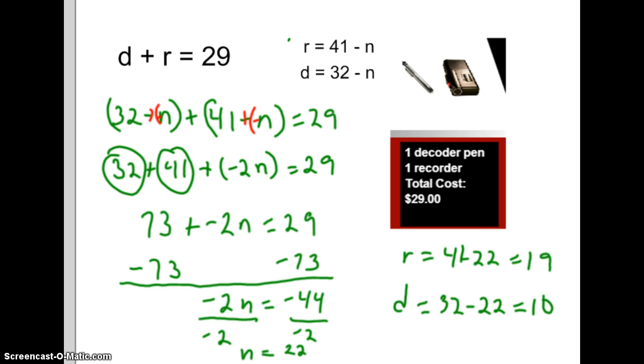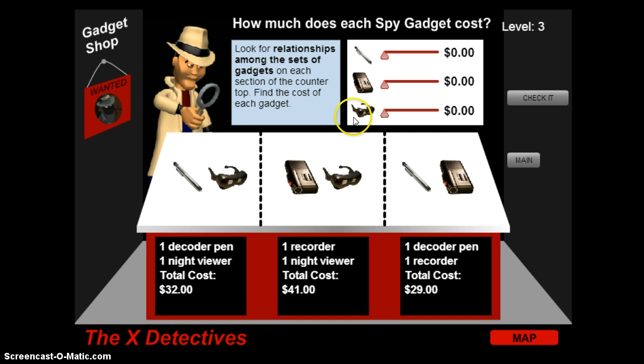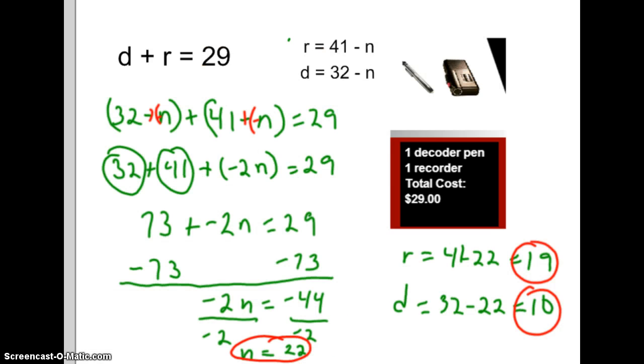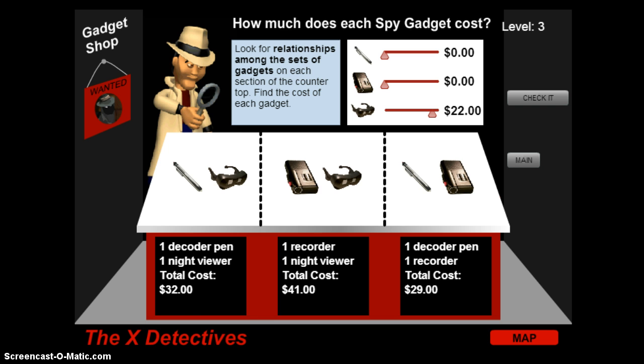So based on these numbers here, we're going to take 22 for N, and N was the night viewer, and that's $22. Let's go back. We said D was 10, and D is the decoder pen, and that is $10.